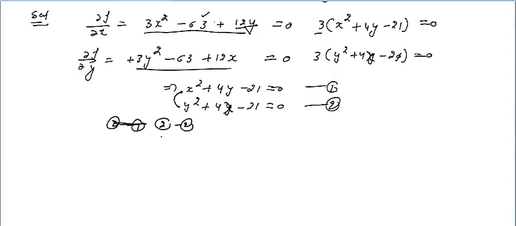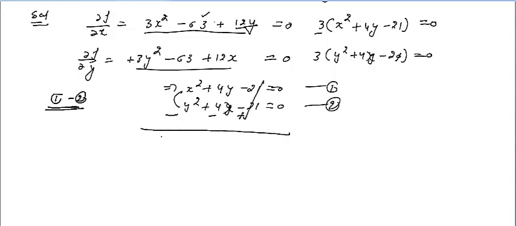When you subtract, the sign will change, so this will be cancelled out, leaving x square minus y square. After that you will substitute the value from one equation into the other to get the value of x and y. Here things are very simple and straightforward.